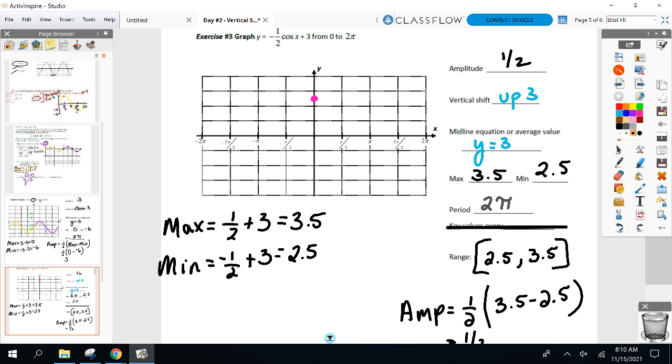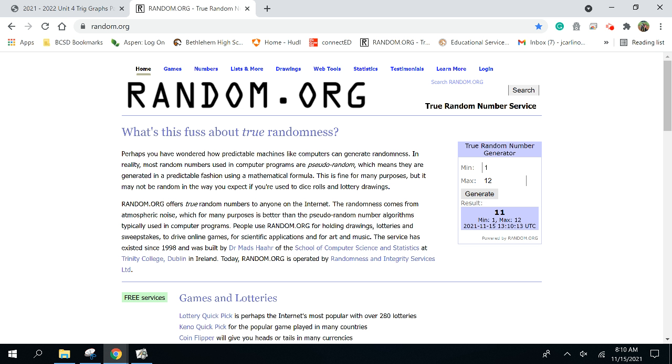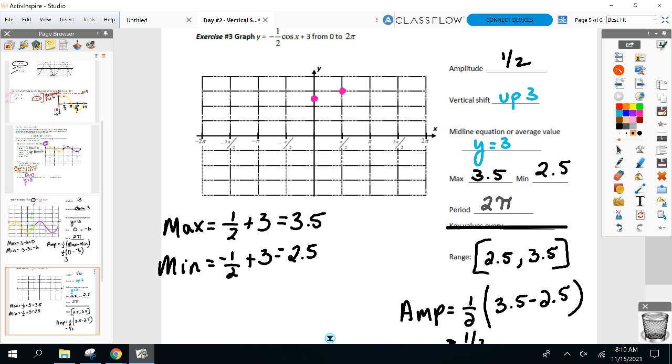So it's not going to be 0, it's going to be 3. Where would cosine usually go next? Minimum, but with the negative out in front, to the max. I already did the work. It's 3.5.